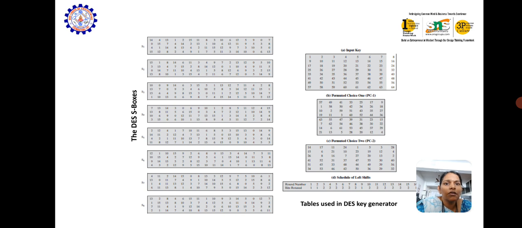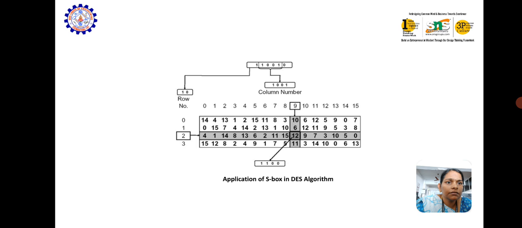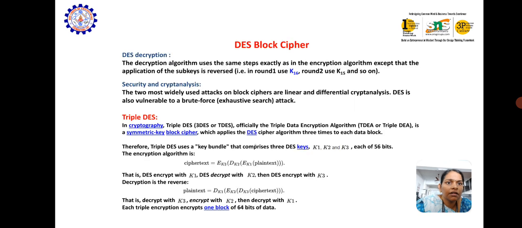So these are the S-boxes. Here is how the key is generated with the help of the input key, permutation choice 1 and 2, and how it is scheduled. This is the diagram of the application of the S-box in the DES algorithm, how the rows and columns are framed and the key is generated.